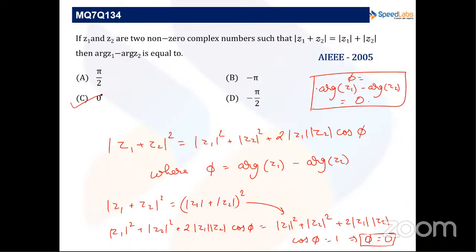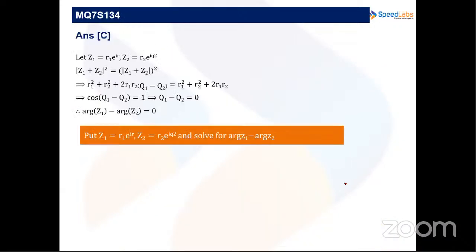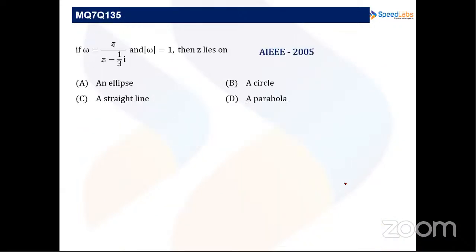Is it clear? Moving to the next one. The next question is omega is equals to z upon z minus 1 by 3i, and it is given that mod of omega equals to 1. Then z lies on.